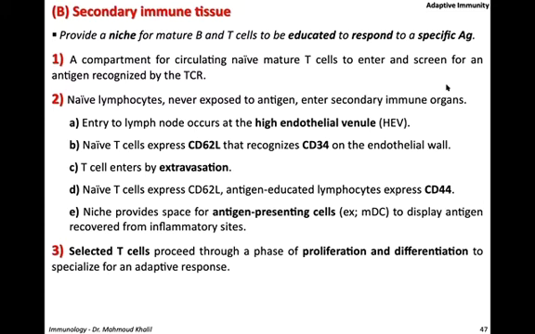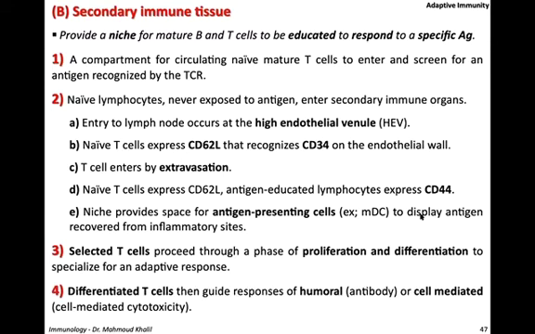They proceed through a phase of proliferation and differentiation to do their job, which is the adaptive response. The differentiated T cell then guides the humoral response. That means it controls the B cell to guide it to do its function of secreting antibody, as well as cell-mediated cytotoxicity if needed.